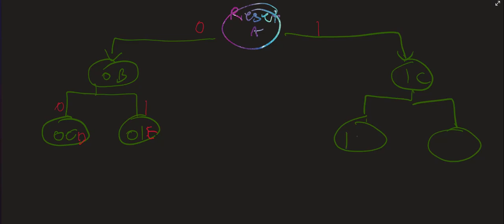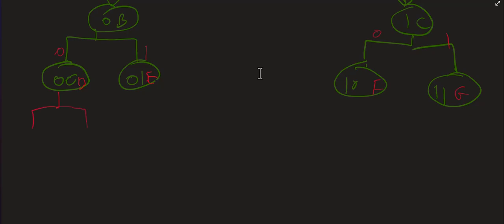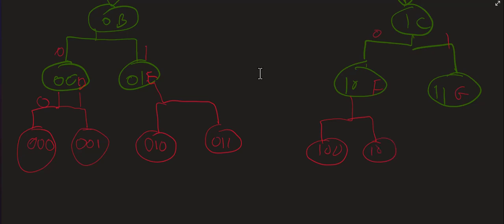And from 1, you can get 1, 0, and 1, 1. So that would be a 0 and a 1, and we'll call that F, and we'll call that G. This gives us 0, 0, 0 and 0, 0, 1; 0, 1, 0 and 0, 1, 1; 1, 0, 0 and 1, 0, 1; 1, 1, 0 and 1, 1, 1.